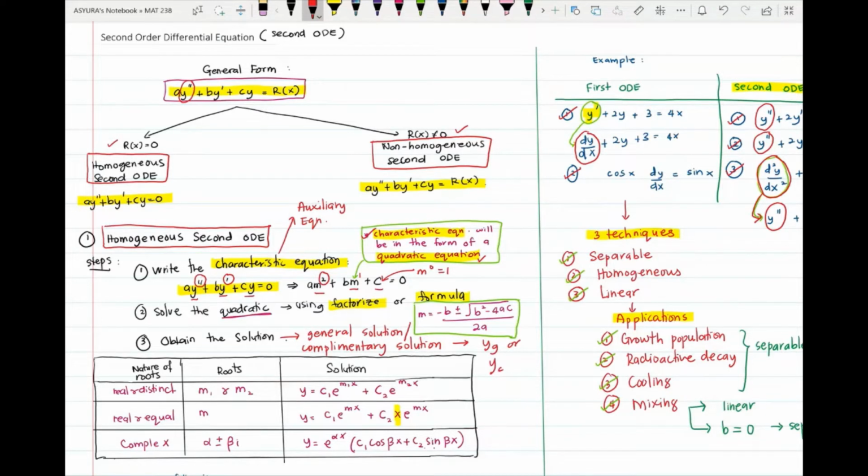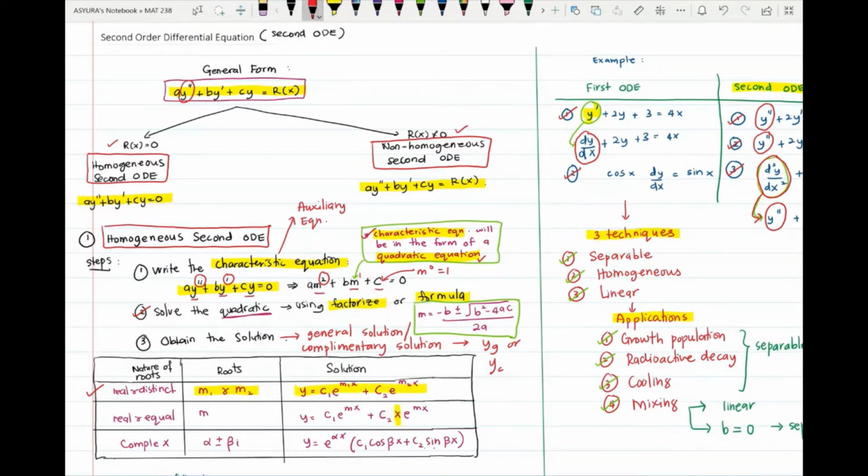We have 3 types of general solution, which depend on the roots from your second step. The first type, if you have 2 roots m1 and m2, the solution will be y equals c1 e power m1x plus c2 e power m2x.